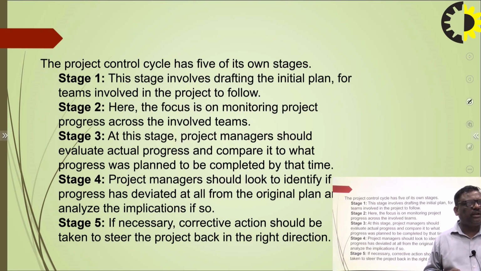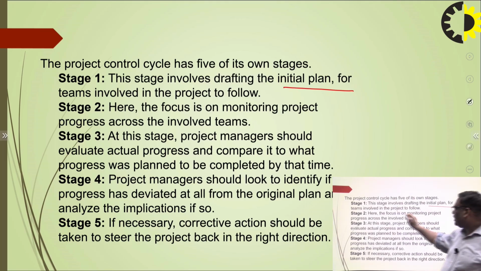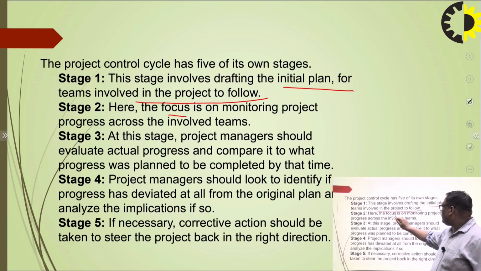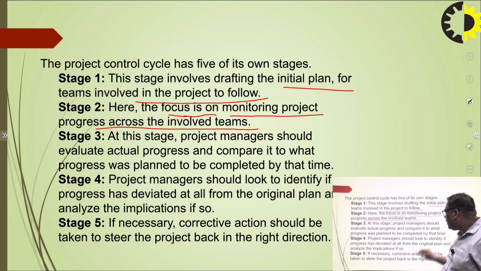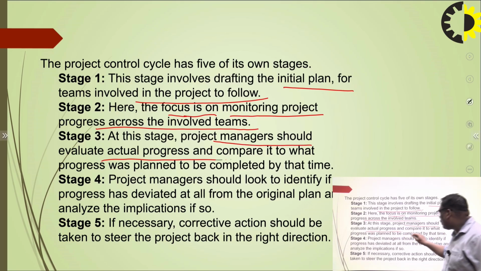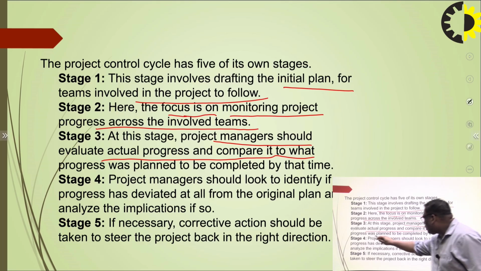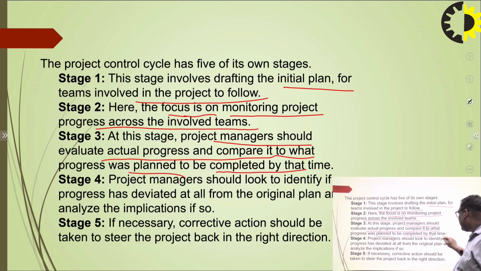I already discussed this project control cycle. The first stage involves drafting the initial plan for the team involved in the project flow, and the second is a focus on the monitoring process across the involved team. The third is that management should evaluate actual progress and compare it with what has been planned and completed within the time frame or not.